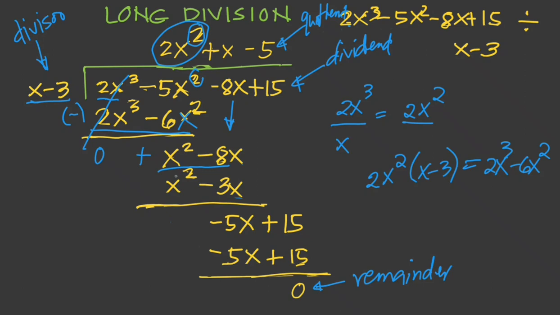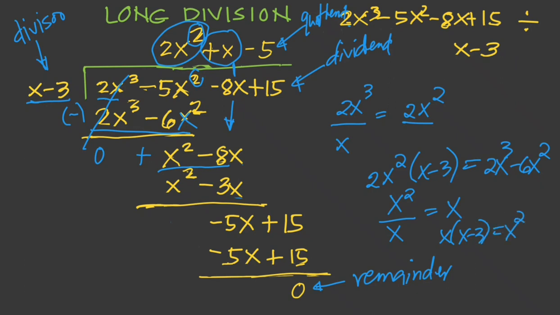We do the same thing. We divide the first term, x squared, by the first term of our divisor, which is x. So x squared divided by x is x, and we write positive x here in line with our term inside the vinculum, which is negative 8x. Then we multiply x times x minus 3.